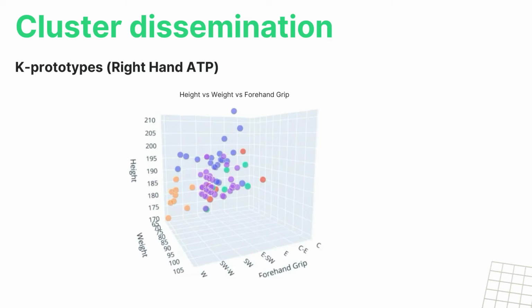It made sense talking to coaches that players at a certain height, and it's different thresholds for the men's and women's game, but once they reach that height, broadly the way they played was very similar. So k-prototypes did that the best.